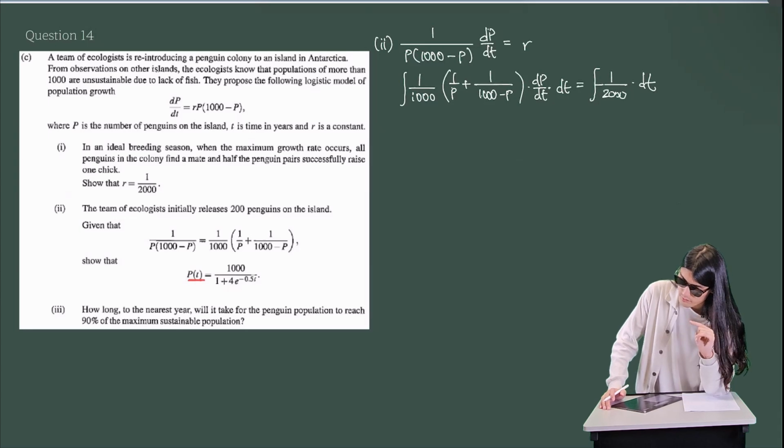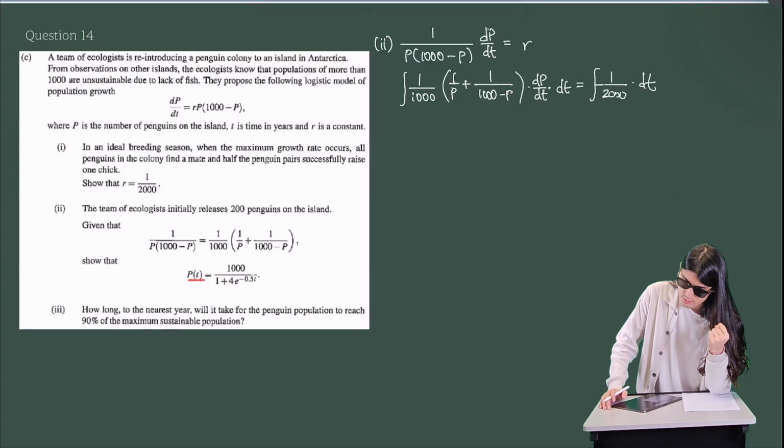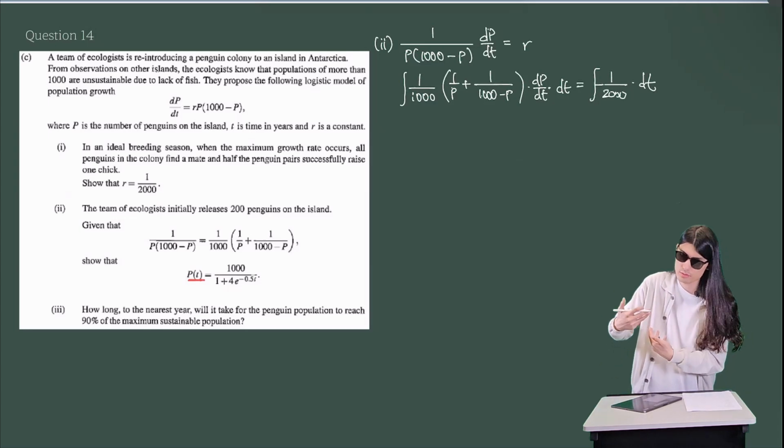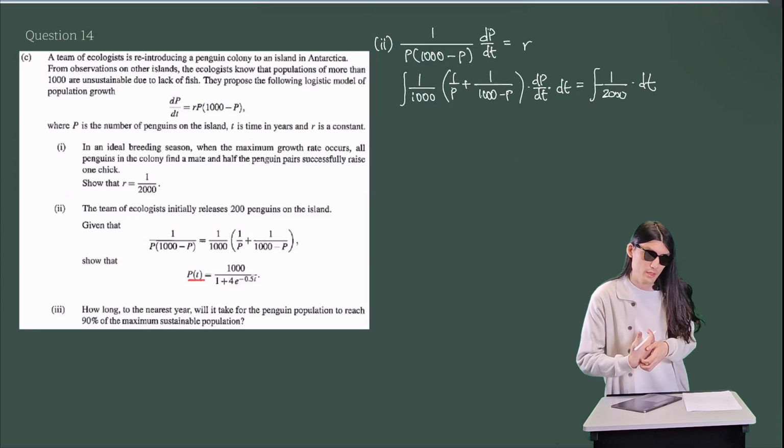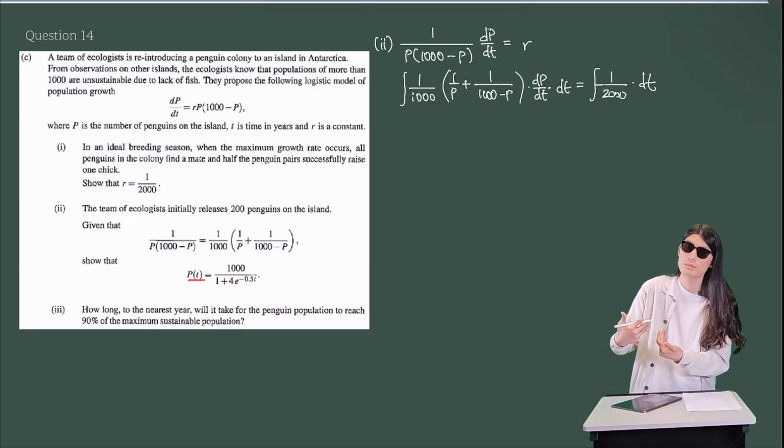Why? Because like I just said, even if you were not able to do the first part, you can still get all the marks for the second part and the third part. And when you get a logistic equation question like this, guys, when you add up all the marks to each of these questions, it's worth a significant portion of your entire number of marks in your exam.